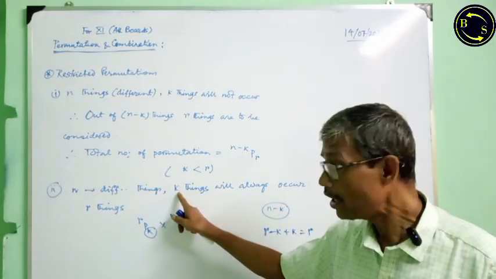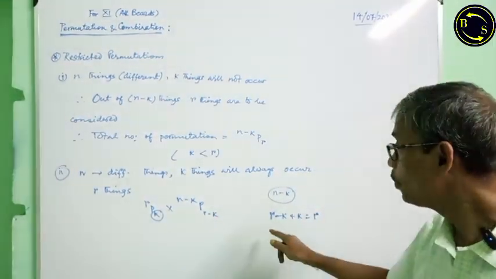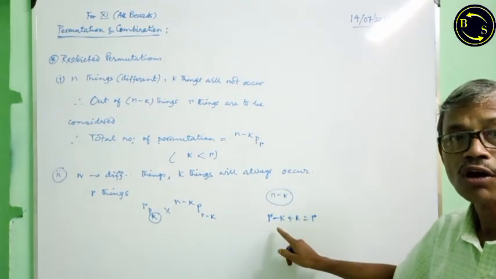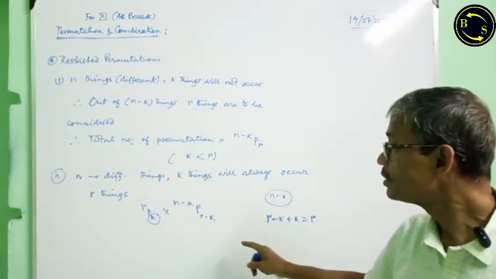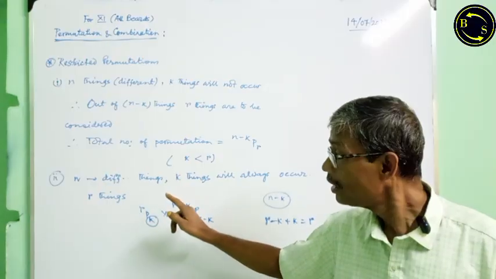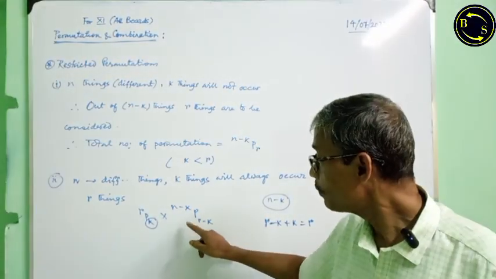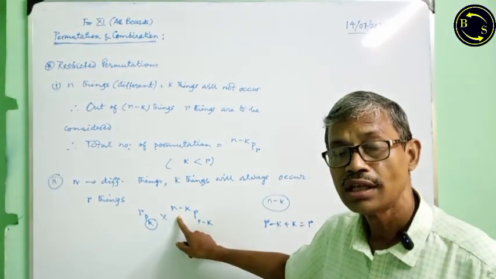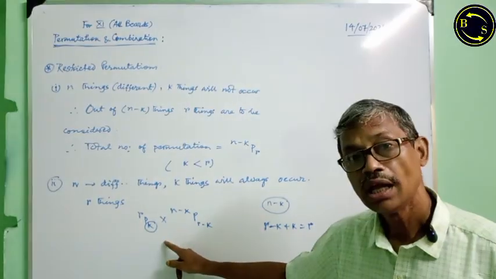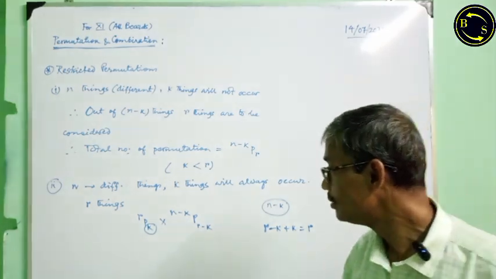Keeping that in mind, we can say like this: out of R gaps or R places, we first fill k places, then R minus k things are to be taken out of remaining n minus k things. Therefore, total number of permutation will be this way: R P k into n minus k P R minus k.